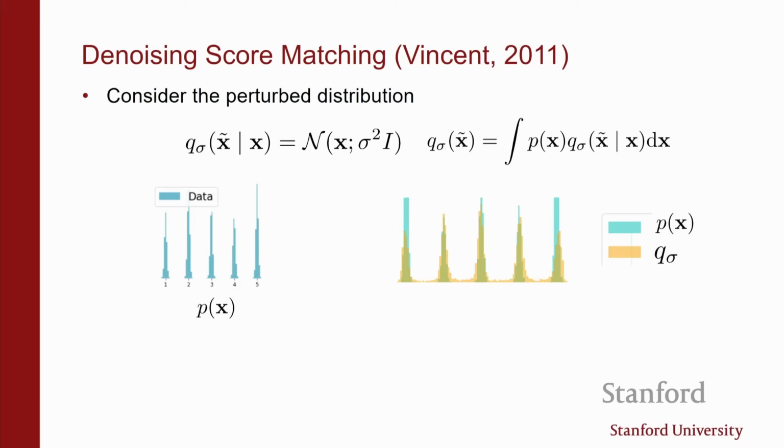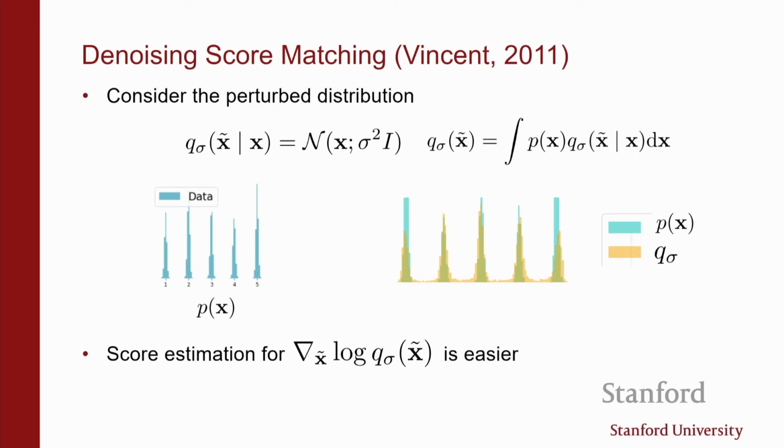So you can imagine that there is a data distribution that might look like this, and then there's going to be a noise perturbed data distribution shown in orange, denoted q sigma, where we're basically just adding noise to the data, or convolving the data density with a noise distribution, q sigma of x tilde given x, which might be something like a Gaussian in this case. We're smoothing the original data density by adding noise.